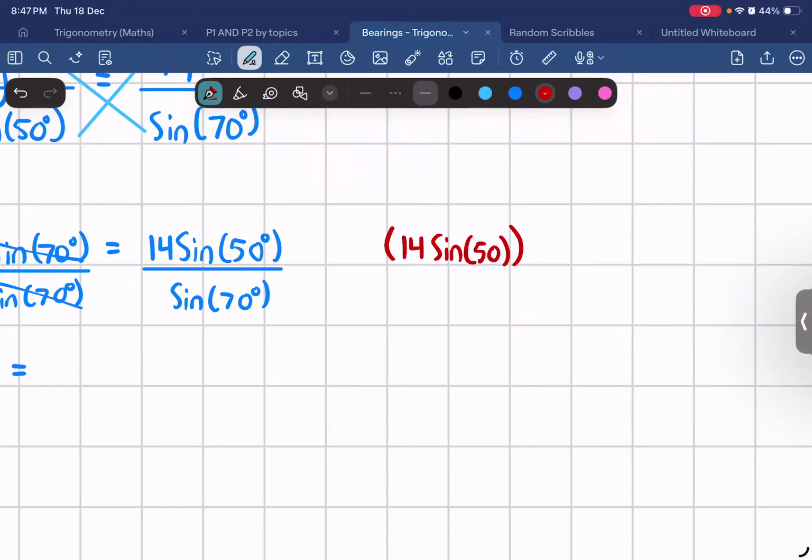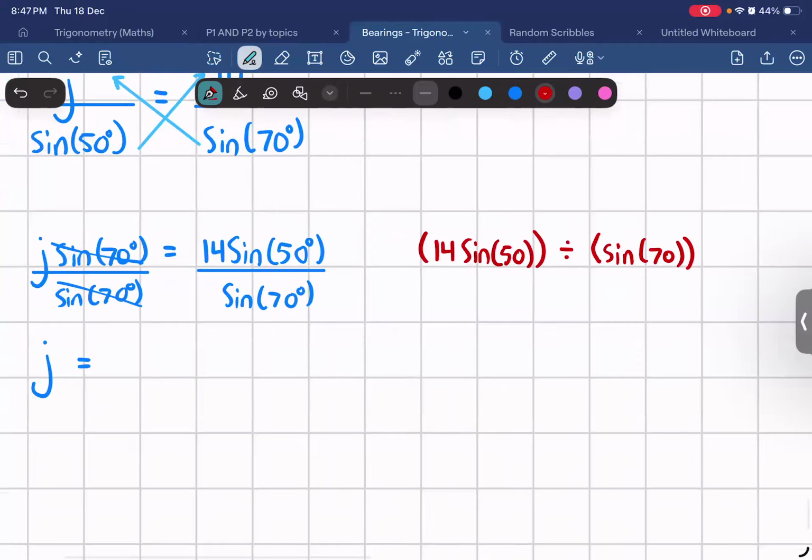Then I'm going to put a divide sign, and then open a bracket, put sine 70, close bracket, close bracket. Plug that into your calculator, and you will get it correct.